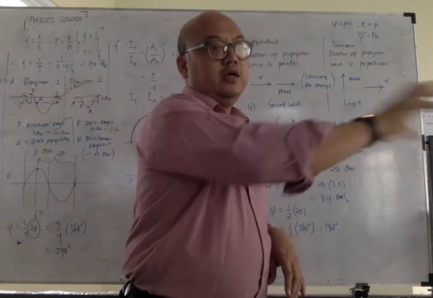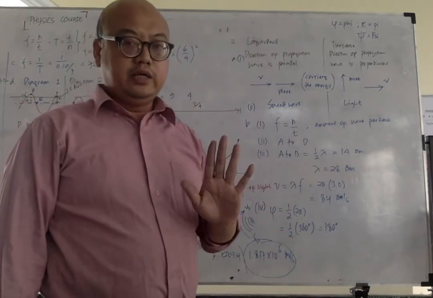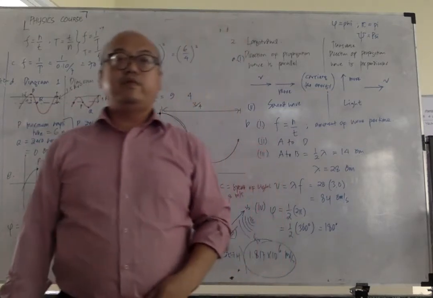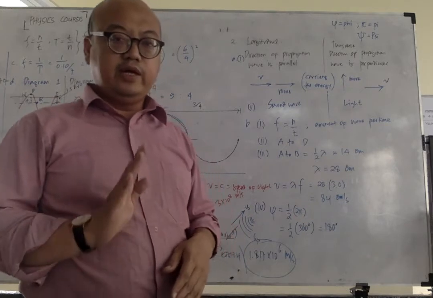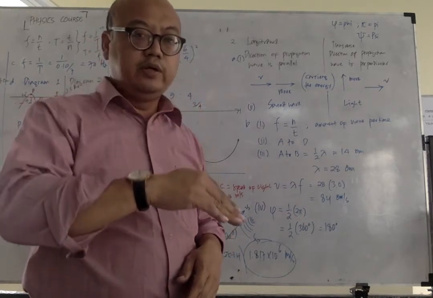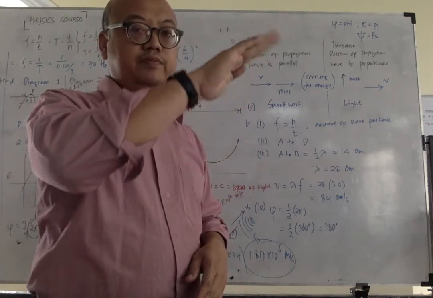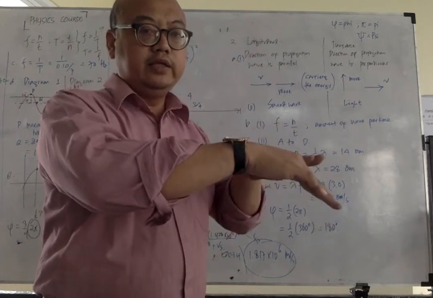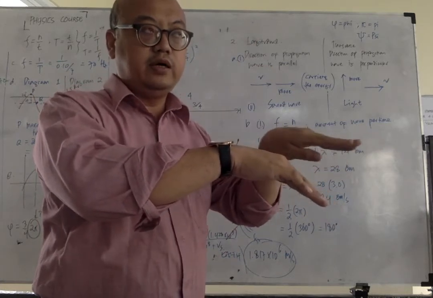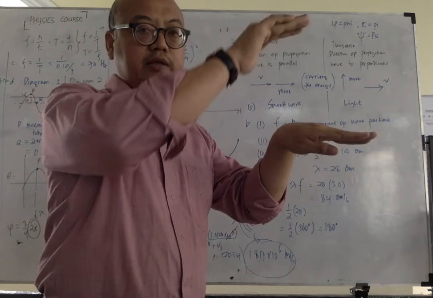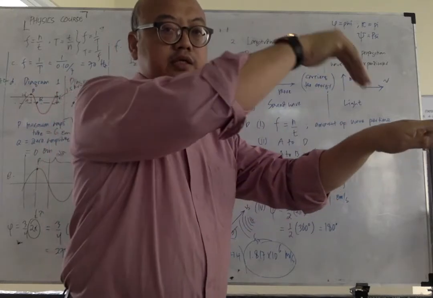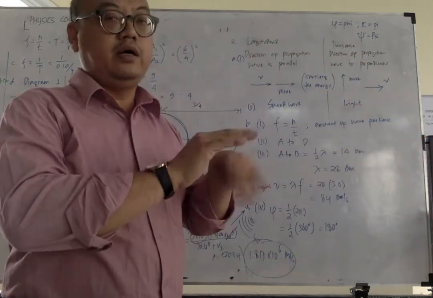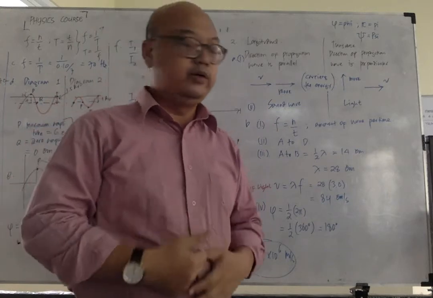Different from the transverse wave, where the propagation of the wave is perpendicular: going up, going down, while the wave moves to the right, but the motion is up and down. This is what we call perpendicular.